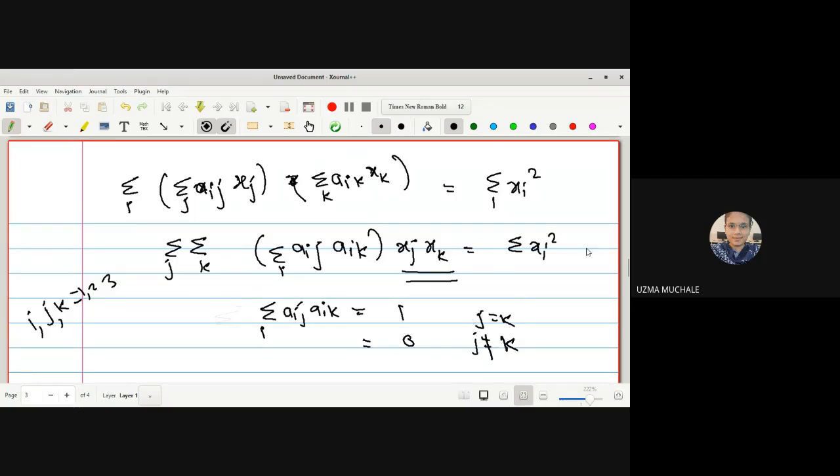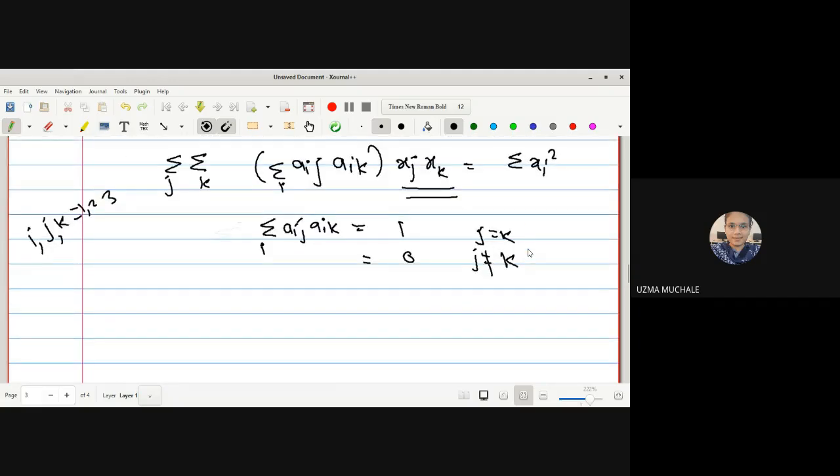Okay, why is this so? Because in summation over xi square, what will happen here? Suppose if I run the summation and fix x1, sometimes we can have x1, x2, because j and k can run for 1, 2, and 3. It can be 1 into 2, but here there is no x1, x2. It may be sometimes x2, x3, but whether there will be x2, x3 here, here there will be only x1 square plus x2 square plus x3 square, right?